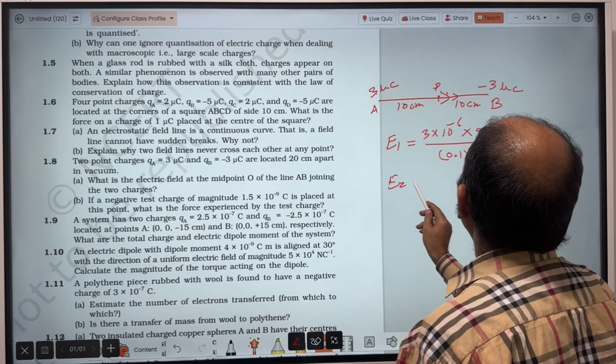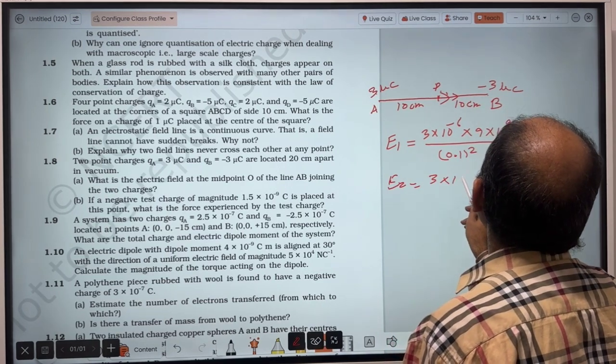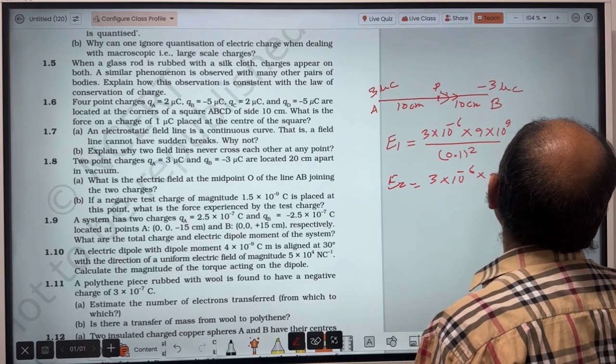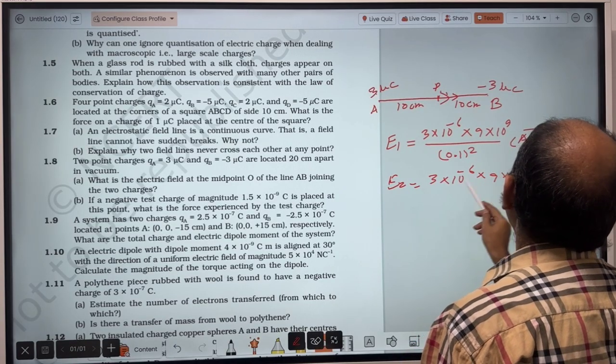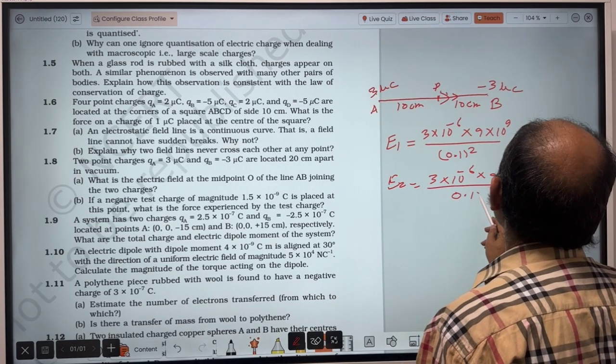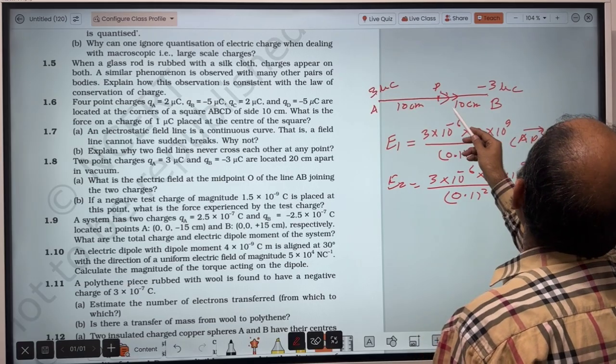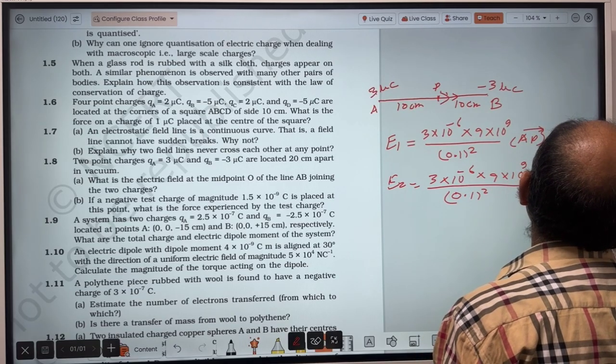So E2 will be the same, 3 into 10 to the power minus 6 into 9 into 10 to the power 9 divided by 0.1 square, and the direction will be along PB.